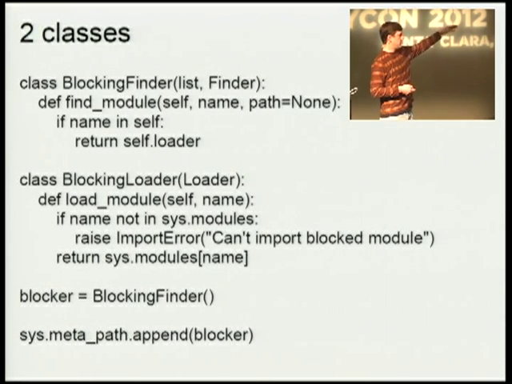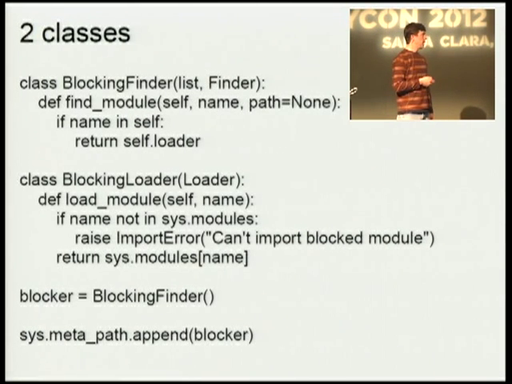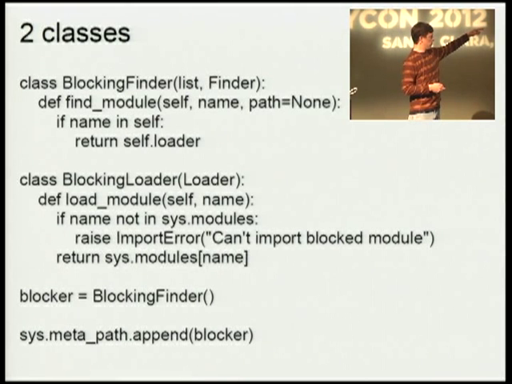Then it'll go through and say, if one of those names is the one that's currently being imported, then we're going to take care of it. And so then it'll return the loader. I think I got a typo on there. Instead of self.loader, it would be an instance of the blocking loader.